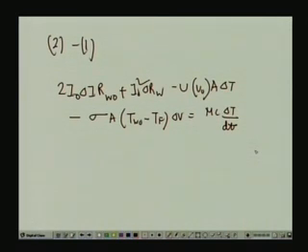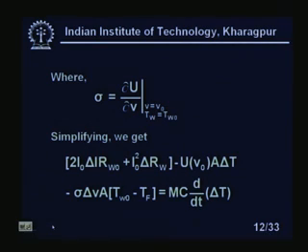So let me go back to the PowerPoint presentation again. This is our expression, right. Sigma is equal to the partial derivative of U with respect to V when V equal to V naught and TW equal to T naught.